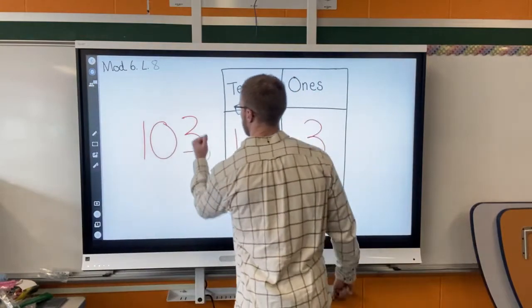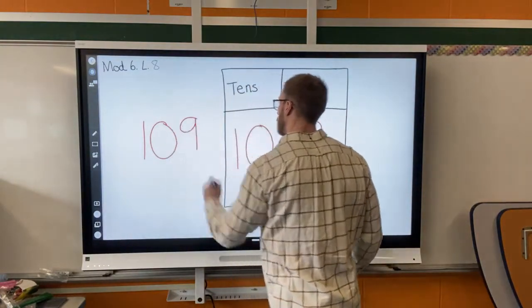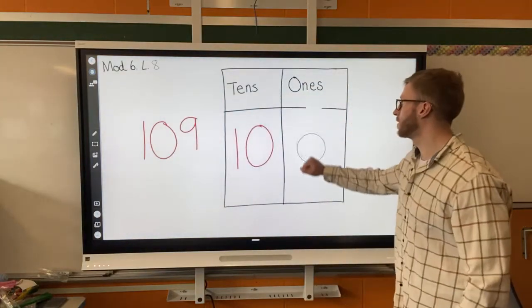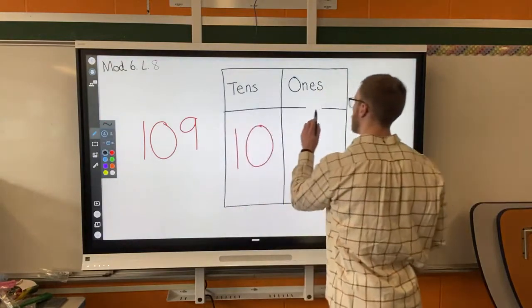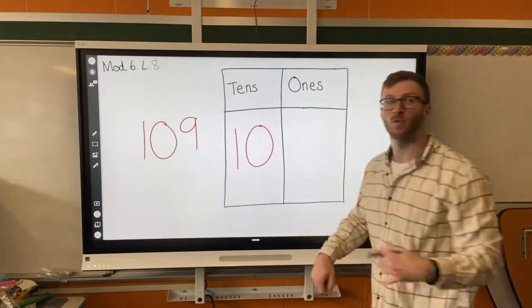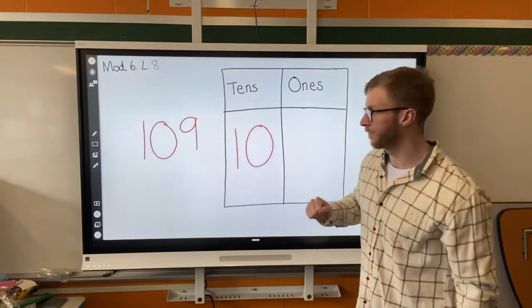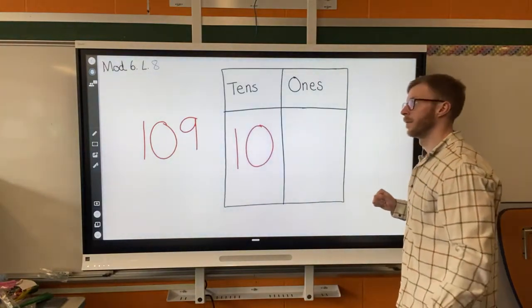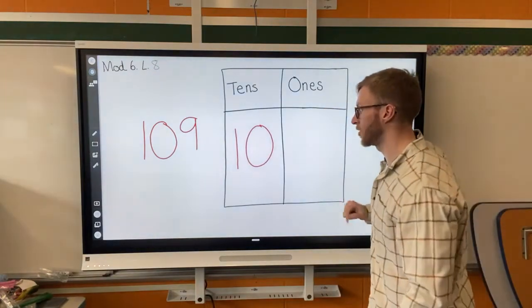If I were to write the number this way, how many 1s are in the number 109? Take a look at it. How many 1s are in the number 109? All right. Have that answer in your head? See if it matches mine.